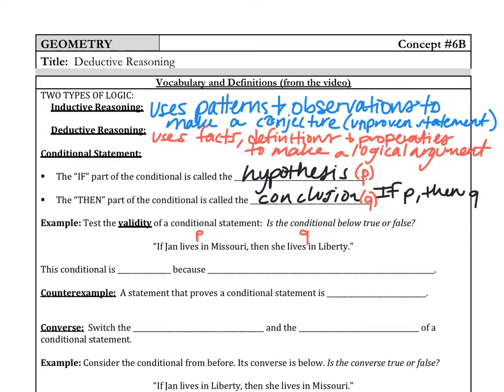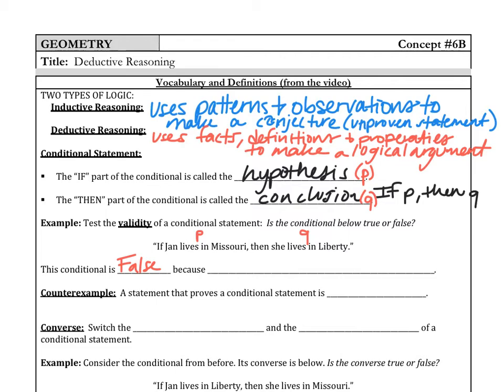Well, if you live in Missouri, then you don't have to live in Liberty, right? If you live in Missouri, you could live in Gladstone or Kansas City or even like St. Louis. There's lots of places you can live in Missouri. You do not have to live in Liberty just because you live in Missouri. So this is false. And then give a specific counterexample.